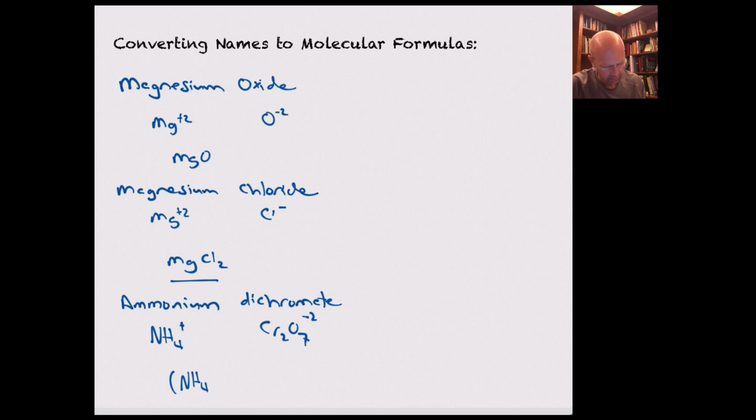Remember, they hang together as a group, so we would write NH4 in parentheses and then 2 to indicate that there are 2 of them, and then we would show the dichromate ion. So that would be ammonium dichromate. So now you need to set about memorizing your ion names, and then practice converting names to molecular formulas and molecular formulas to names.